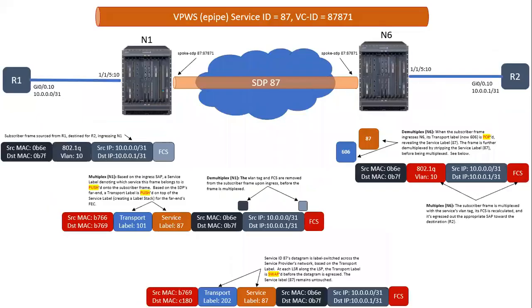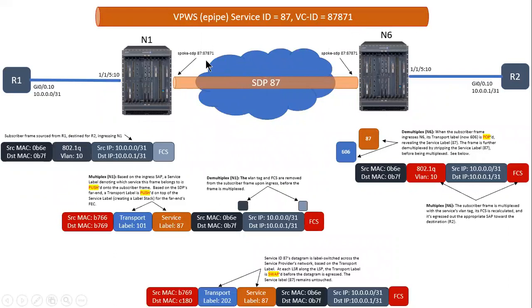But unlike our ePipe, and I didn't speak on the Spoke SDP, but this is our pseudo wire. Spoke SDP, in particular 87:87871, with 87871 being our virtual circuit ID.